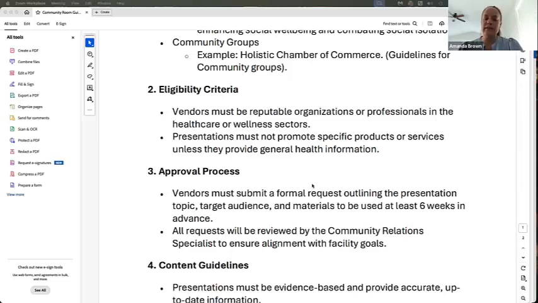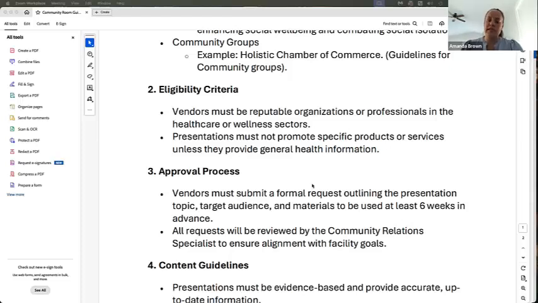Pretty much every time that somebody wants to do a presentation in our community room, it has to be vetted through our doctors. So if it's something questionable that doesn't have a lot of proof behind it, it's probably not going to get approved by the doctors.